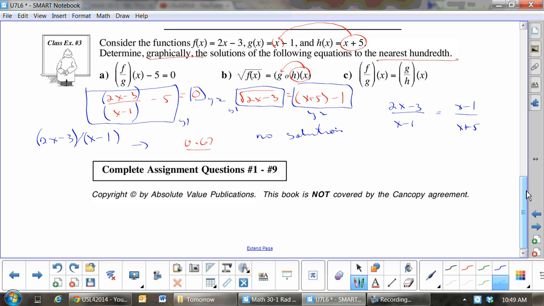Now, how would we solve this algebraically? Cross multiply, right? So it would be 2x minus 3 times x plus 5 equals x minus 1 times x minus 1. Now, are these two the same?